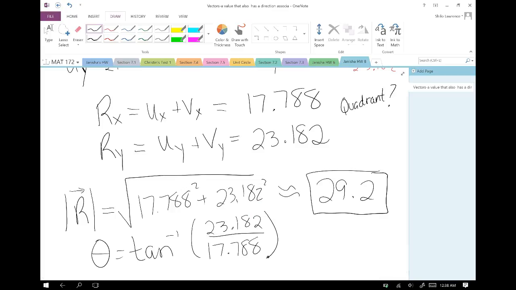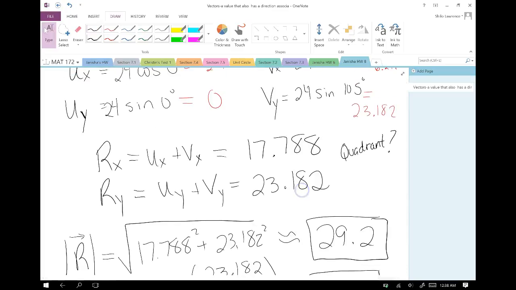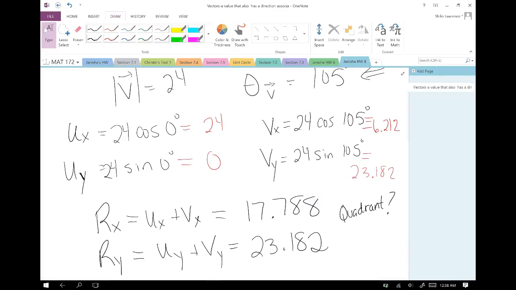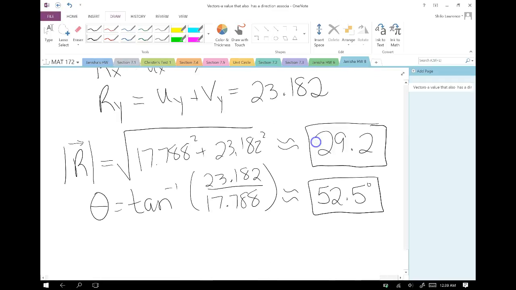So we can type this in the calculator, tan inverse of 23.182 divided by 17.788, and the angle is about 52.5 degrees. So very similar to the last one. Angle ended up in a different quadrant, but it doesn't really affect the answer at all.